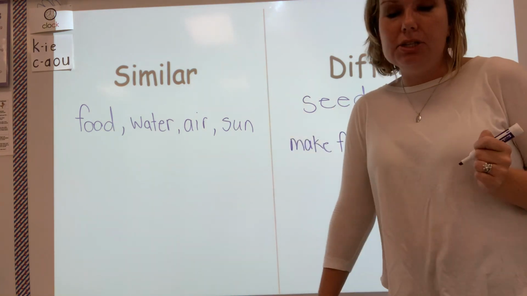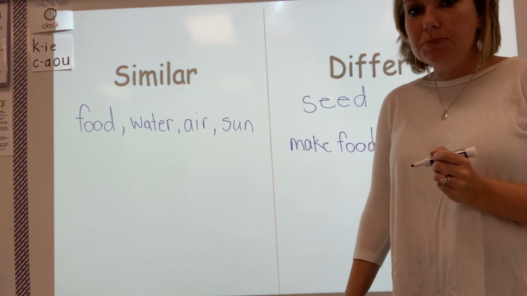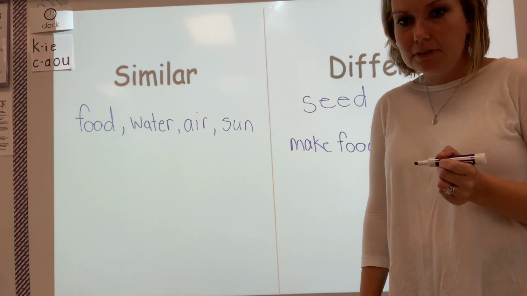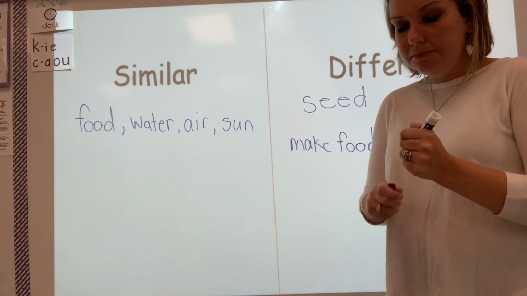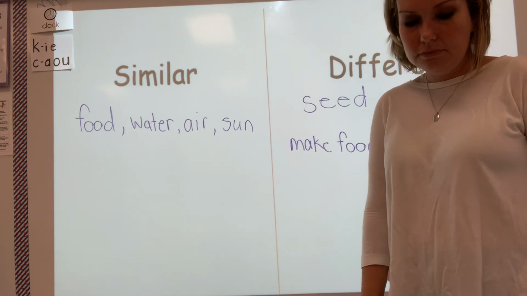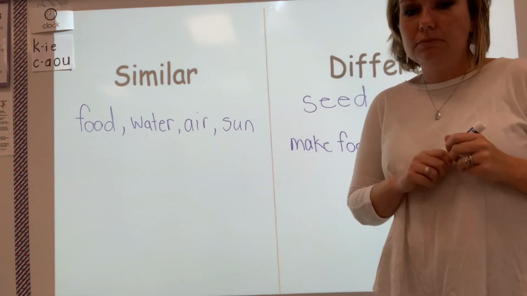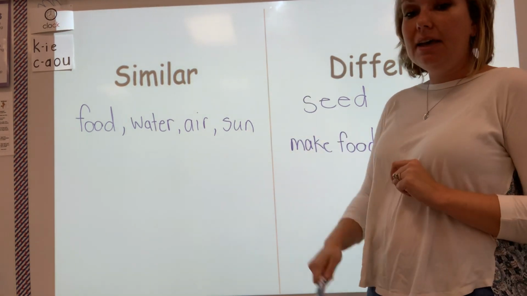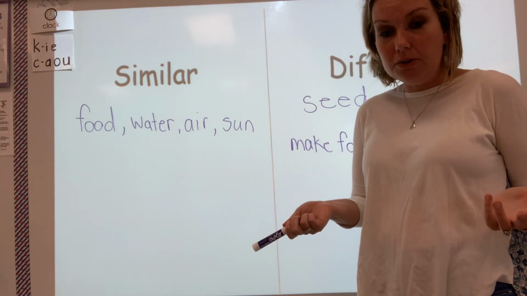How else are we similar to a plant? How else are we similar? Estelle? We both need water. We have the water, air, and sunlight. Do we both have a life cycle?